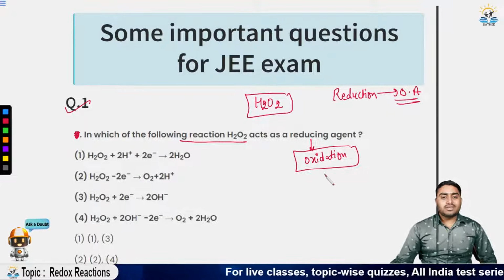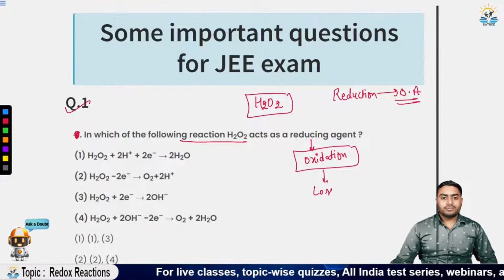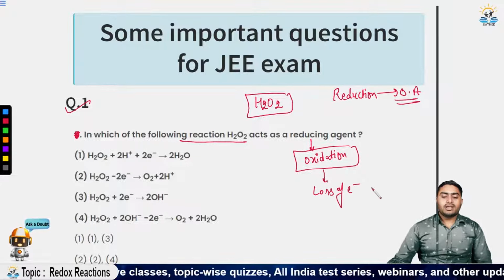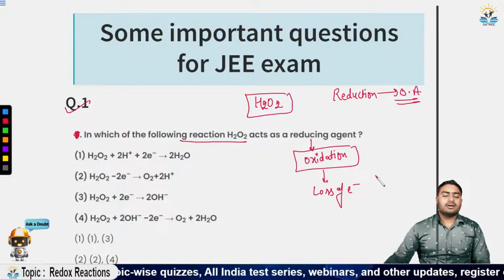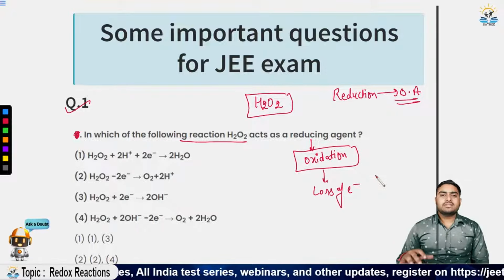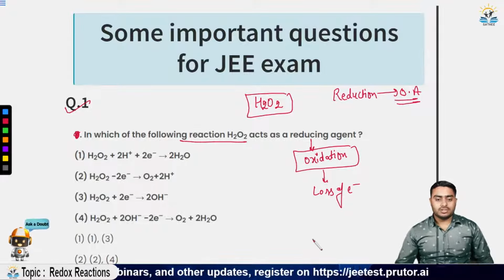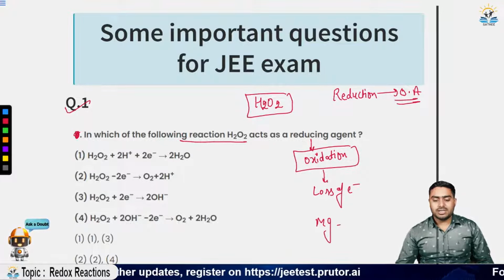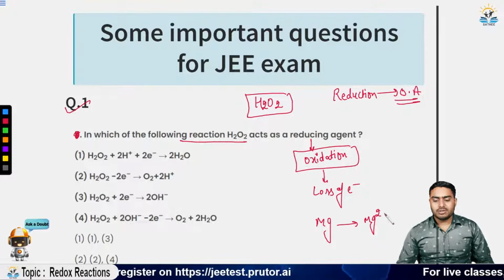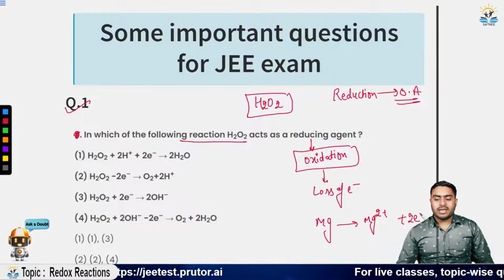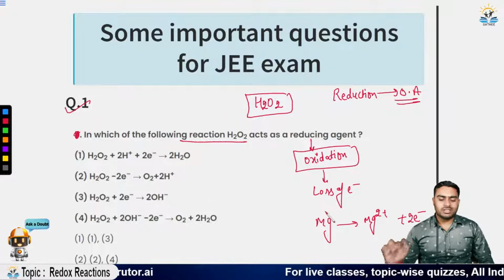Oxidation means loss of electrons. Electrons are written either on the product side or on the reactant side. In case of oxidation, suppose I write Mg gives Mg2 positive plus 2 electrons, so Mg is undergoing oxidation here.